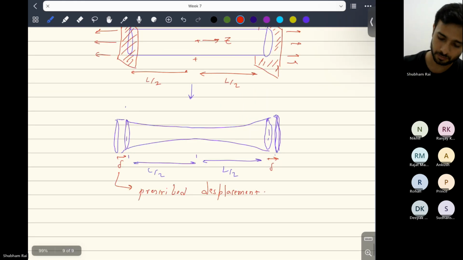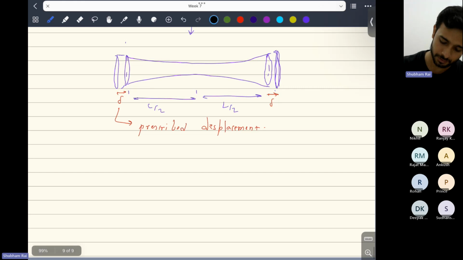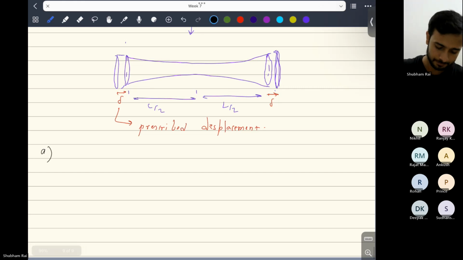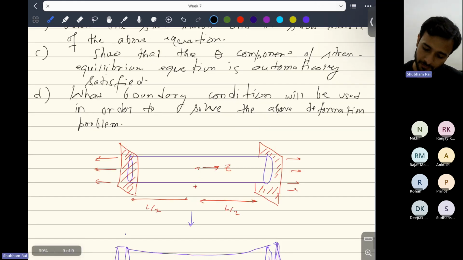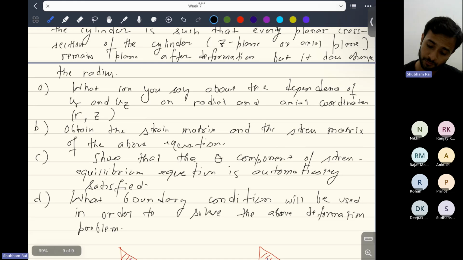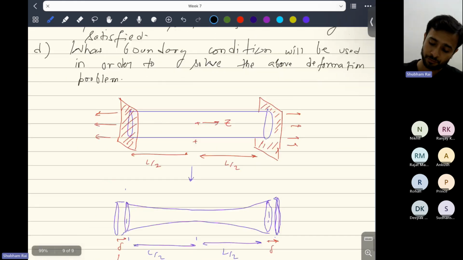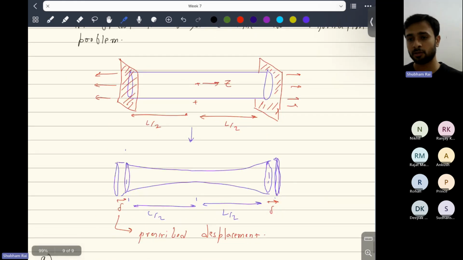So let me go to the solution part. In the first part, you have to say about dependence of UR and UZ on radial and axial coordinates. So if you are able to imagine, UR is the deformation of the cylinder along R direction, and UZ is along axial direction. And U theta is 0. It has already been given.